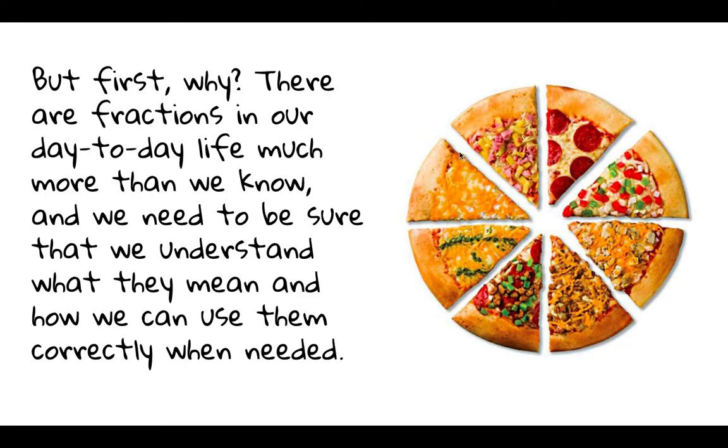For example, this one is a picture of a pizza. We don't usually get pizzas that are all different flavors like this, but this is a fraction. 1/8 of the pizza is Canadian bacon and pineapple. 2/8 of the pizza have pepperoni, this one and this one.